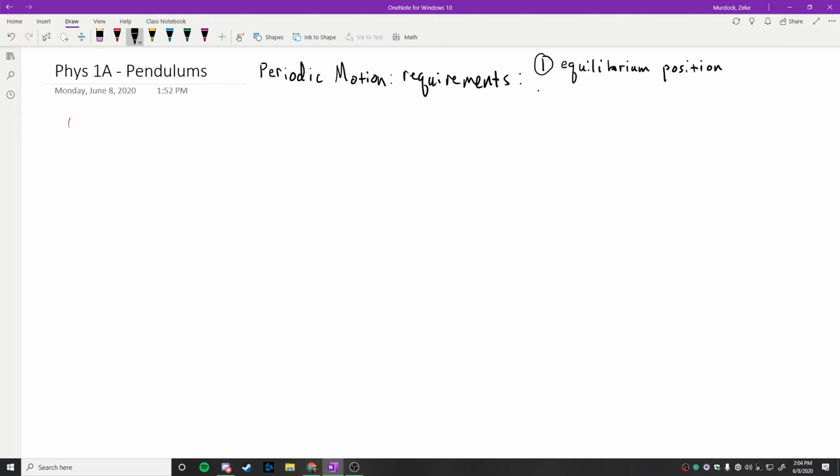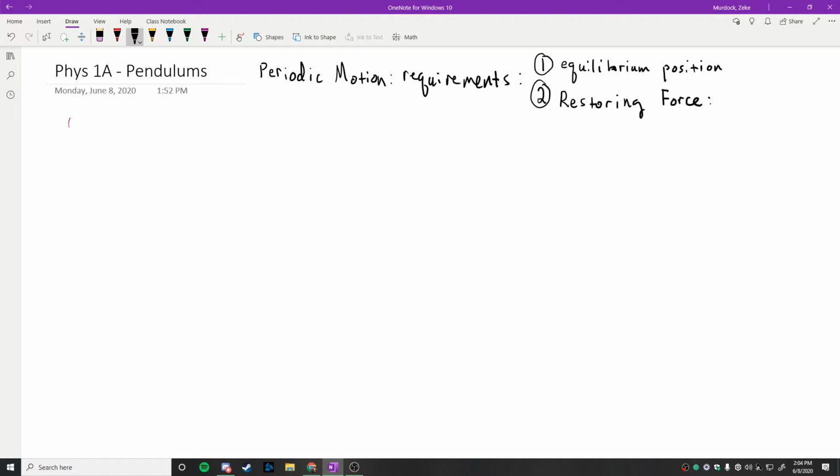An equilibrium position is a position where all the forces are balanced effectively. The second thing you need is what's called a restoring force. And the restoring force is just a force that drives the system back to equilibrium.